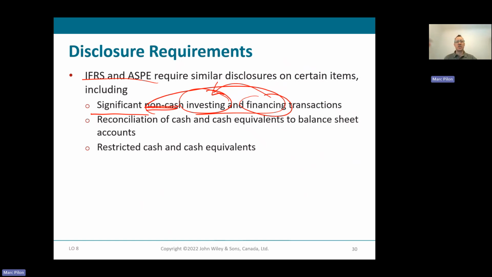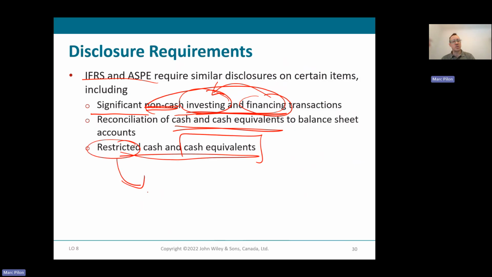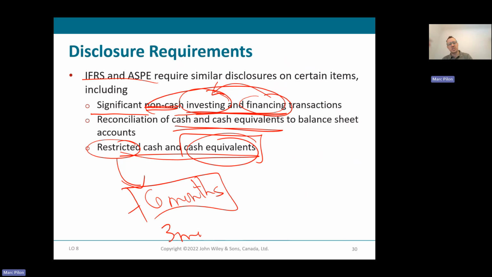Well, in the notes, I have to mention it if it's significant. I have to explain what is part of cash and cash equivalents. And I have to mention if there are any restrictions on cash and cash equivalents, like, oh yeah, I have cash equivalents, but they're restricted to 6 months where I can turn the cash equivalent into cash. Users would want to know that, because if I get into any financial issues, I have to wait 6 months instead of the usual, let's say, 3 months.